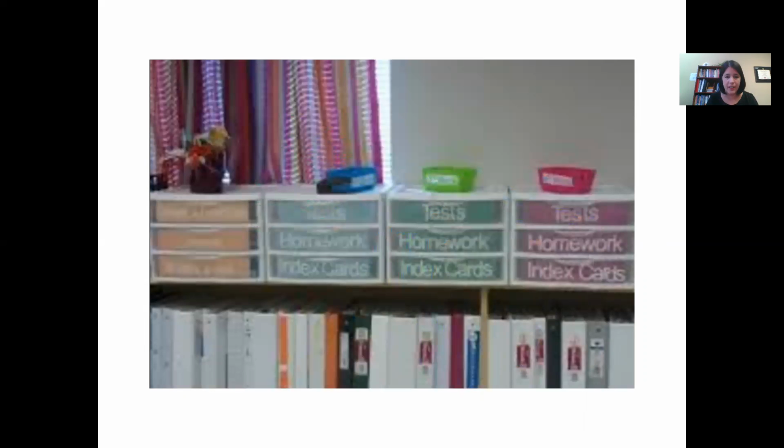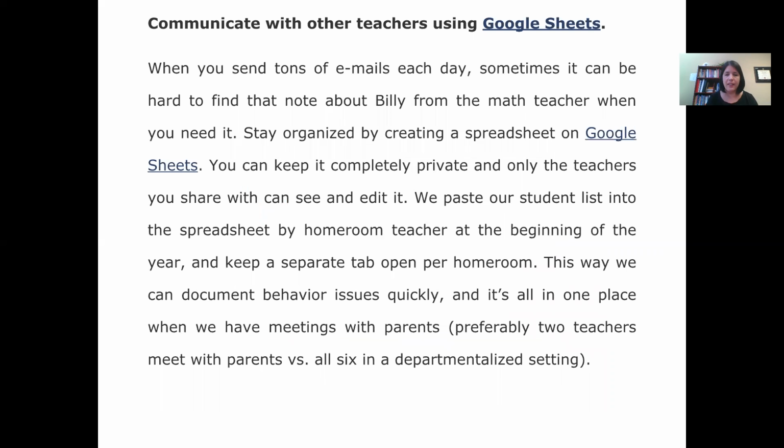So organization is key. Lastly, regarding communication, you are sharing students and you're sharing families. Please use Google Sheets to log your communication with each other. The recommendation is that each grade level have one roster and one tab per homeroom class.